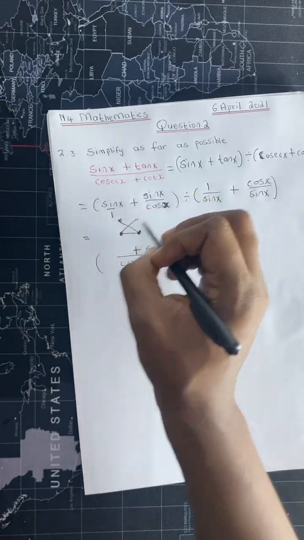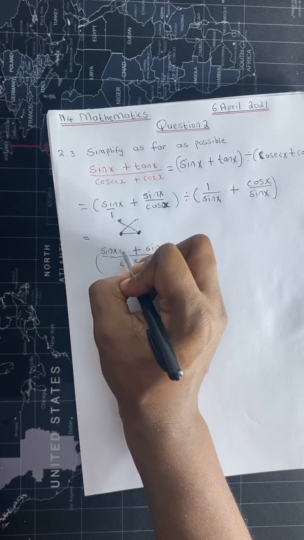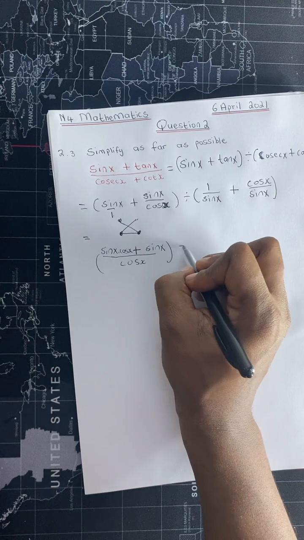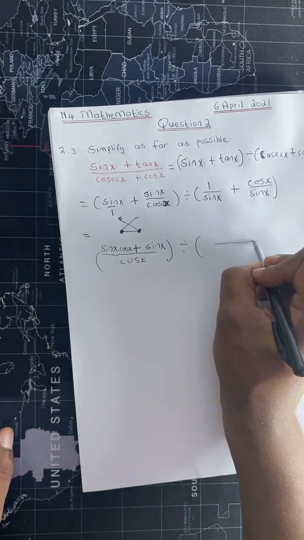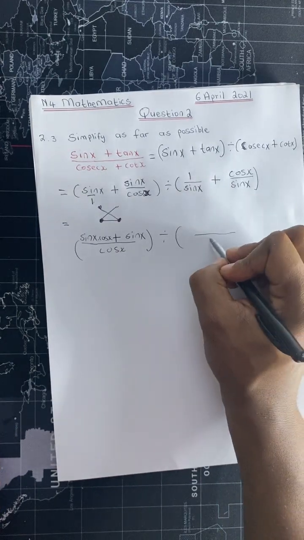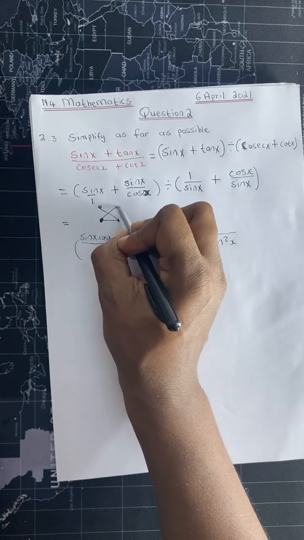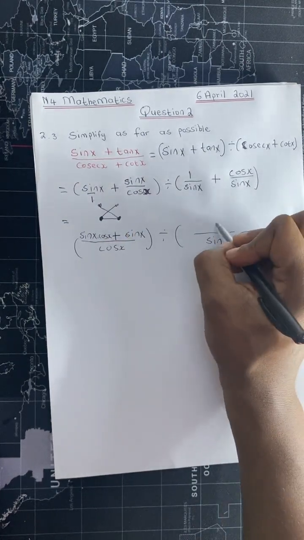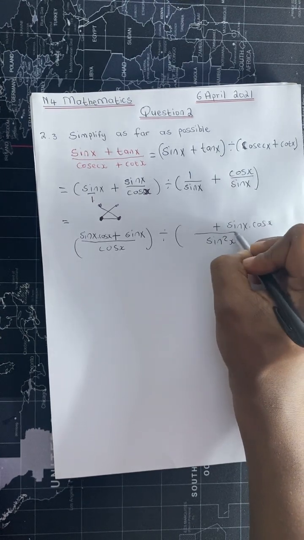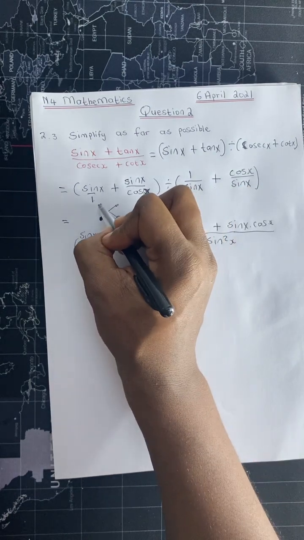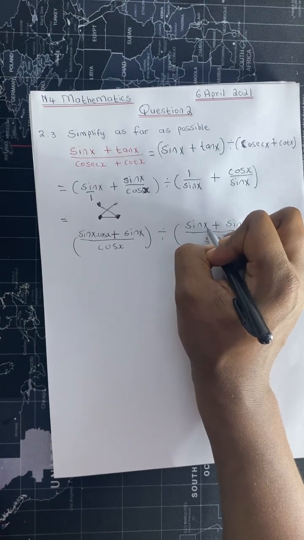So cos x multiplied by sin x is equals to sin x cos x, divided by, we still use that, this multiplied by that. So sin x multiplied by sin x, which is equals to sin squared x. This multiplied by that, so the sin x multiplied by the cos x is equals to sin x cos x. This multiplied by that, so sin x multiplied by 1 is equals to sin x.